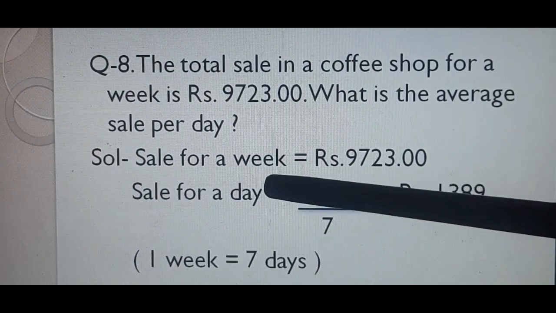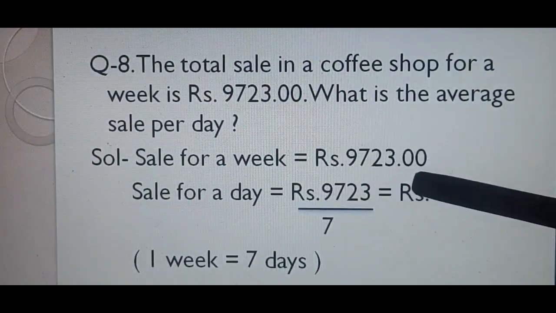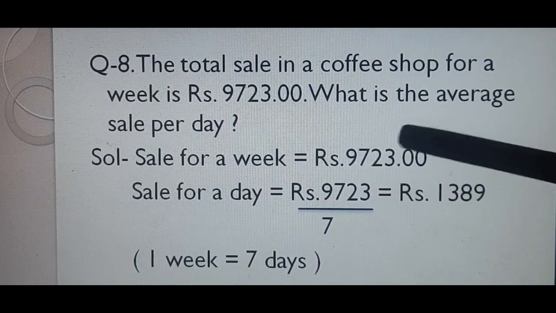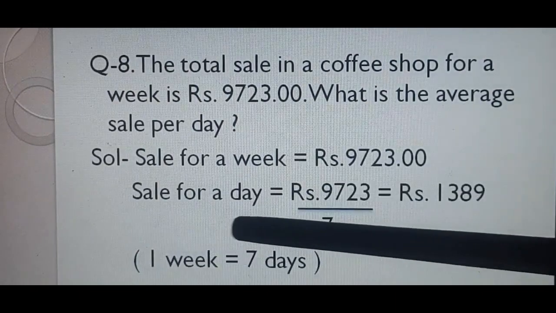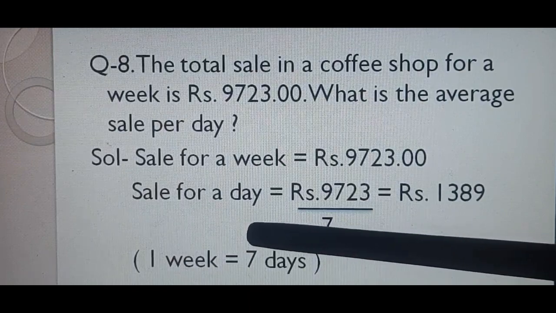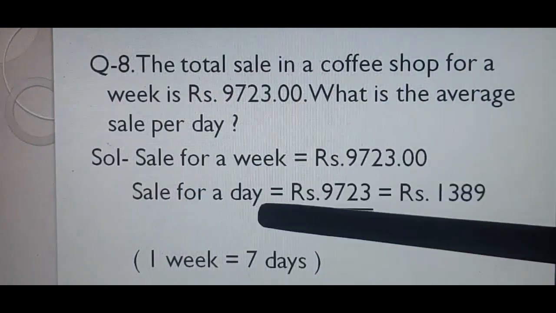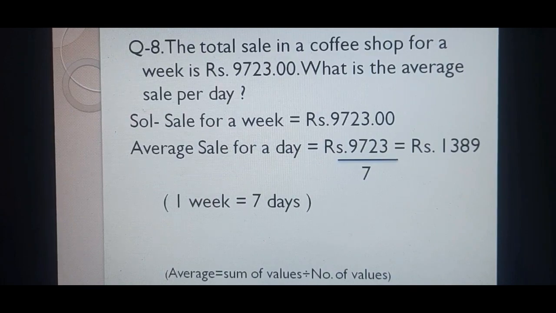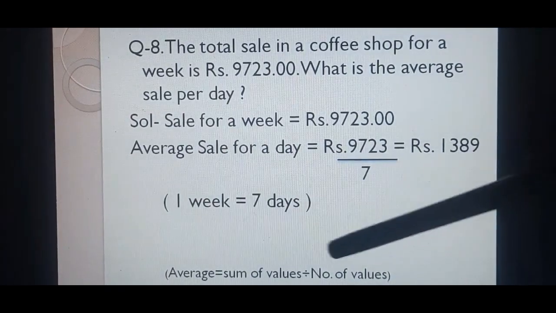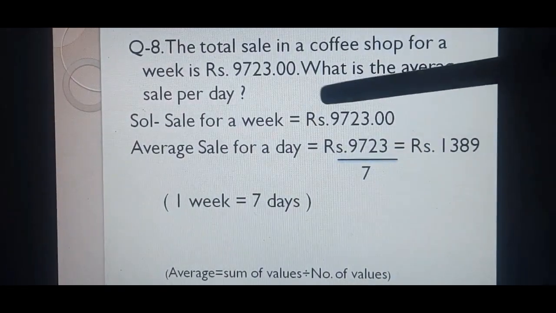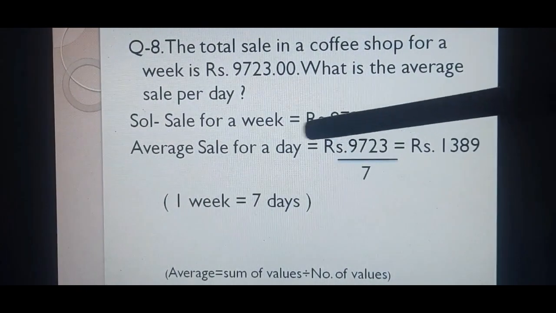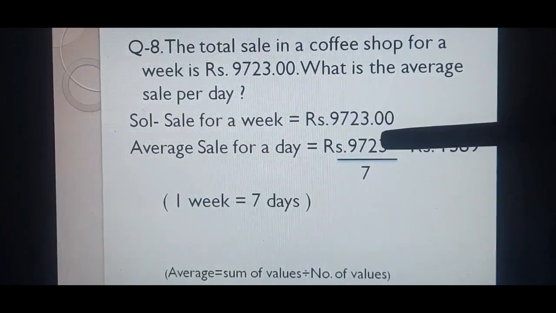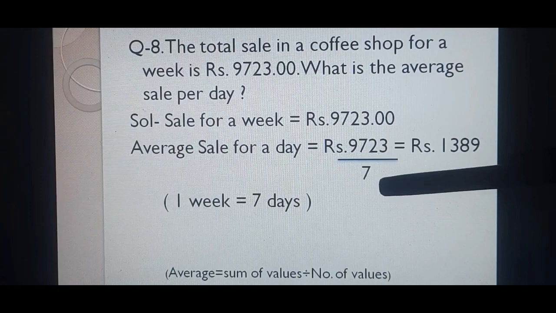Sale for a week is rupees 9,723 point 00. Point 00, so it is 9,723 only. Sale for a day means the average sale per day. Average is equal to the sum of all the values divided by the number of values. That is the sale for the week upon the number of days. Average sale for a day is rupees 9,723 divided by 7.